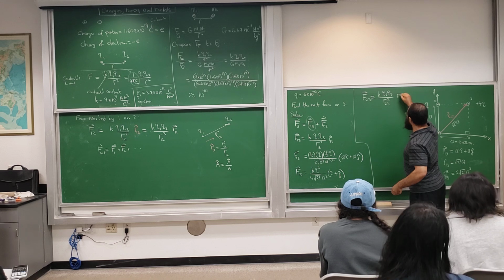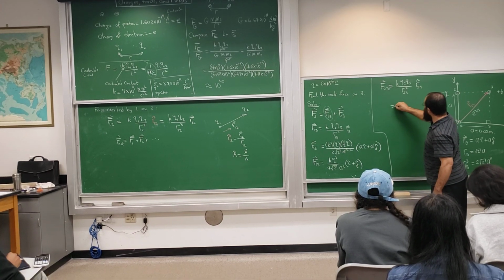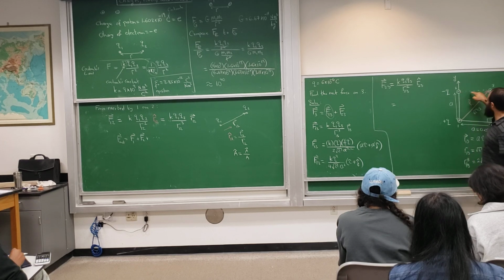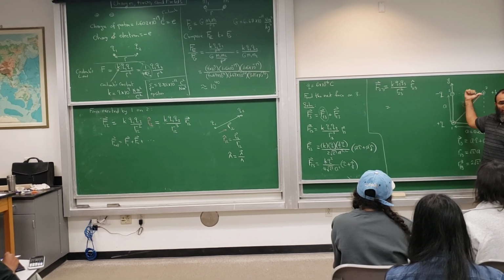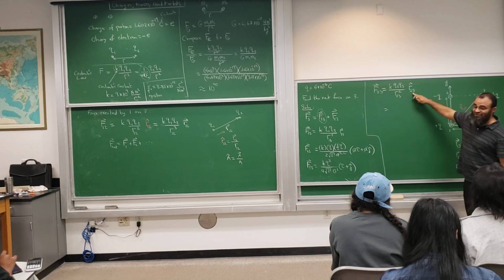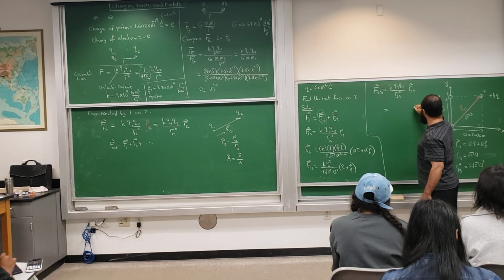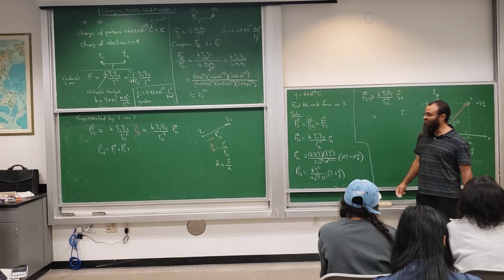It's just R23 hat. What's a unit vector that points from 2 to 3? From 2 to 3 is strictly to the right. What's a unit vector that points to the right? i hat. So this was easy, I don't have to work too hard for that.